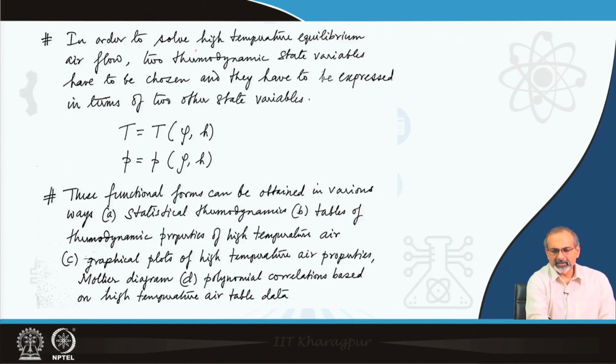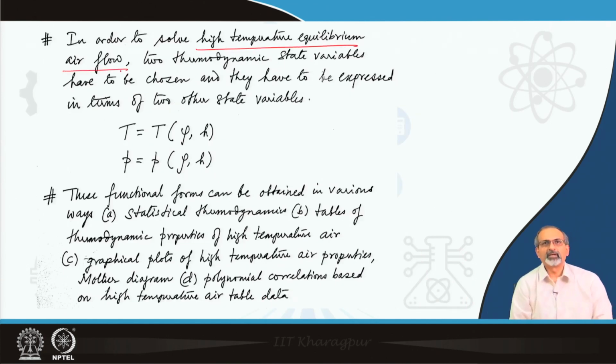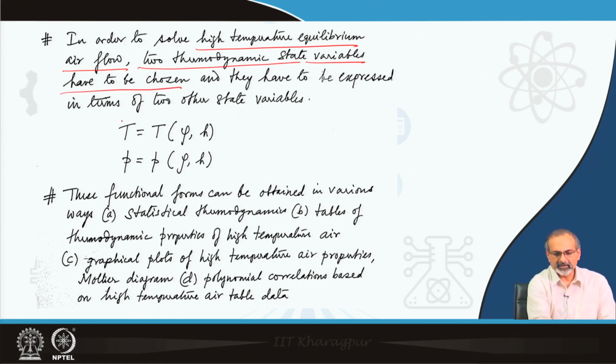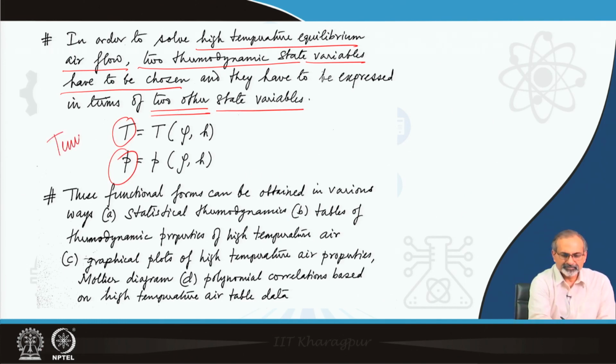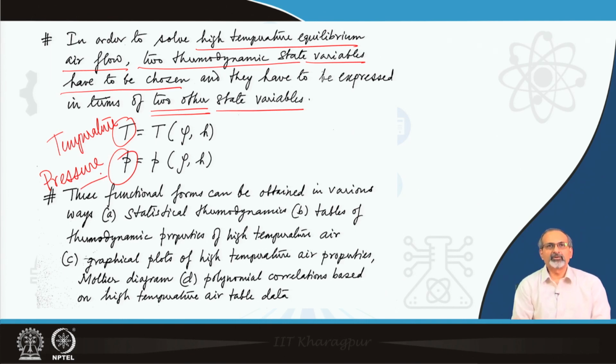In order to solve high temperature equilibrium airflow, two thermodynamic state variables have to be chosen. Again, they have to be expressed in terms of two other state variables. For example, if we choose to take two state variables, let us say temperature and pressure, which are most often used, then you might decide to express temperature and pressure both in terms of density and enthalpy.